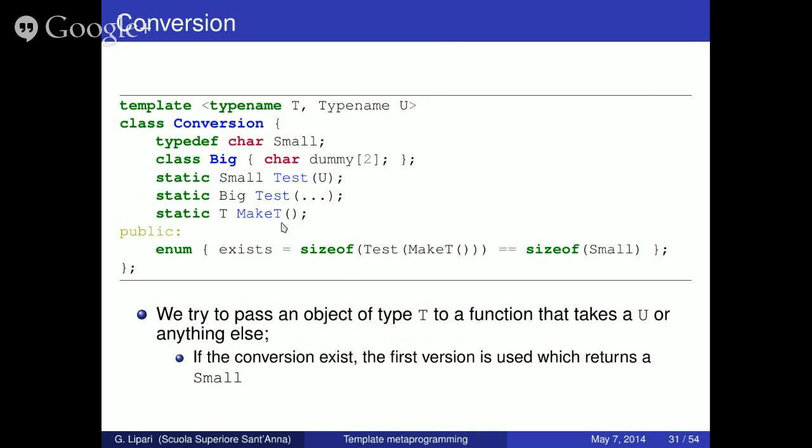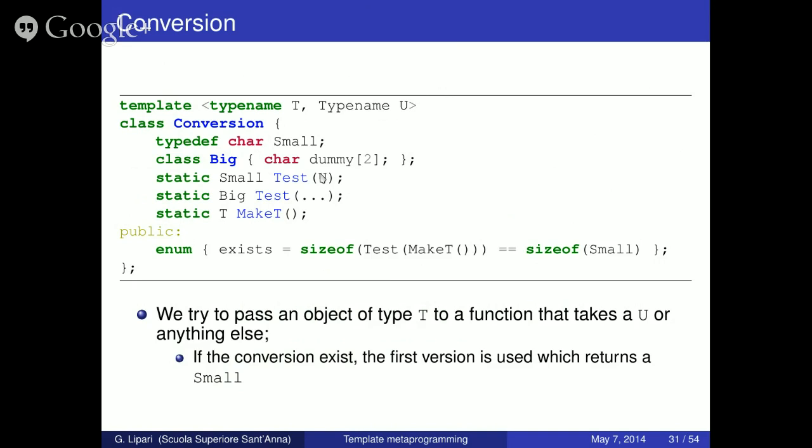Okay? So, finally, we are going to define exist as a Boolean expression in which we compare the size of this type and the size of small. What is the size of this type? So first of all, we make T. So the result of this make T is an object of type T. Then we try to pass an object of type T to function test. We have two versions of test.